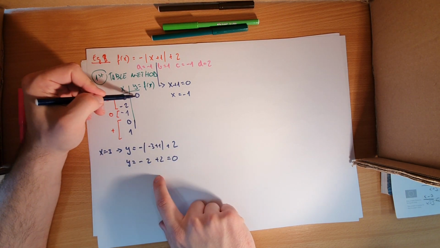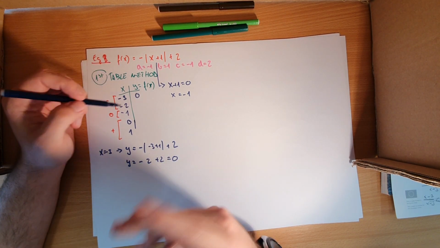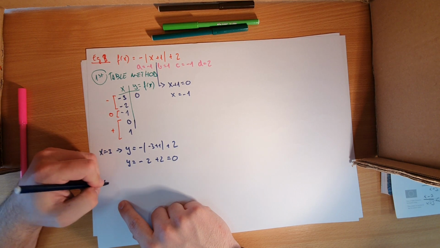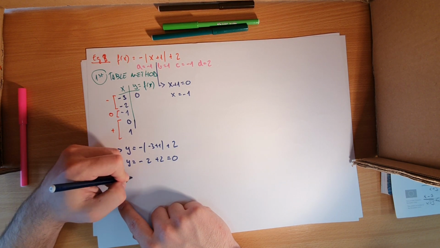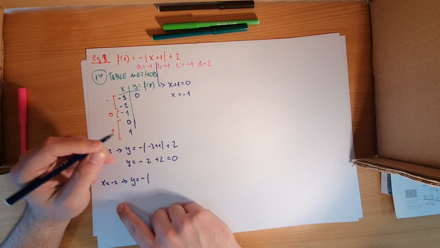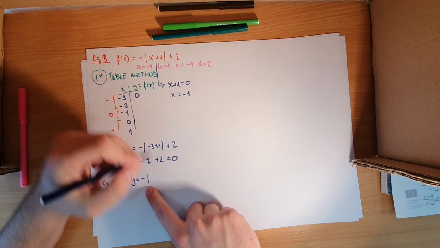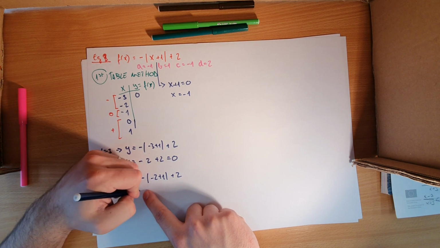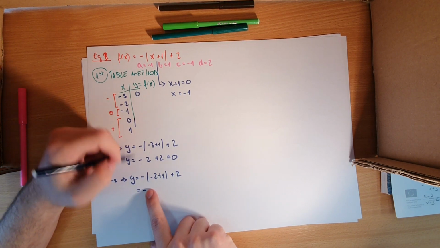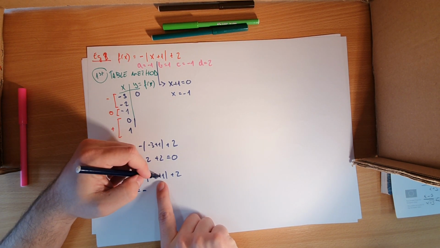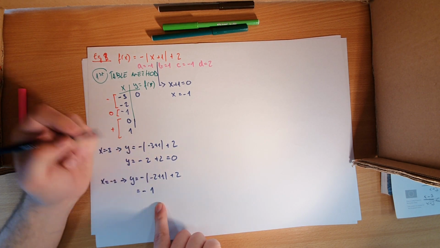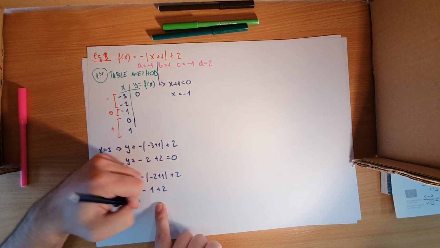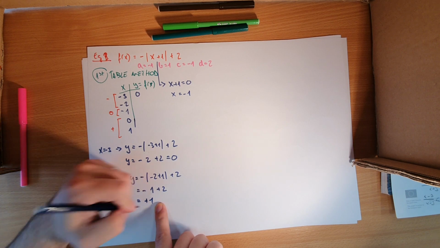For x equal to minus 2, y equals minus the absolute value of minus 2 plus 1, plus 2. This is minus in front. Minus 2 plus 1 is minus 1. So the absolute value is 1 plus 2, and it is plus 1.